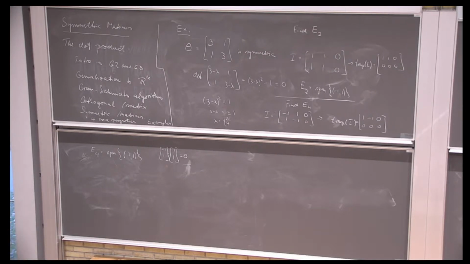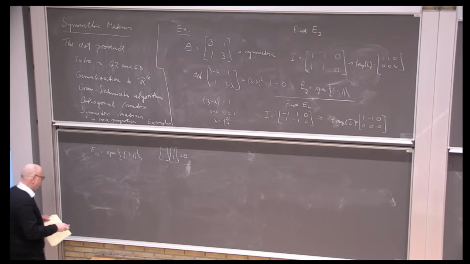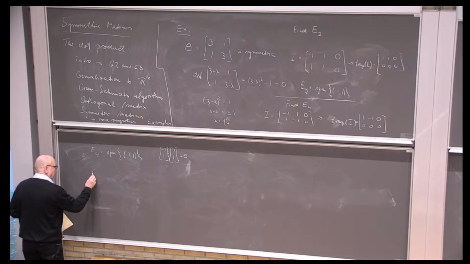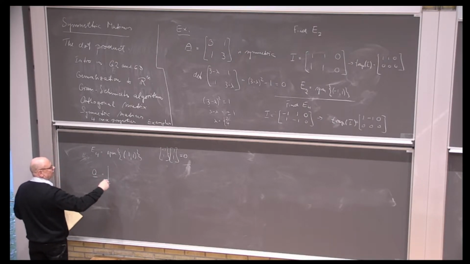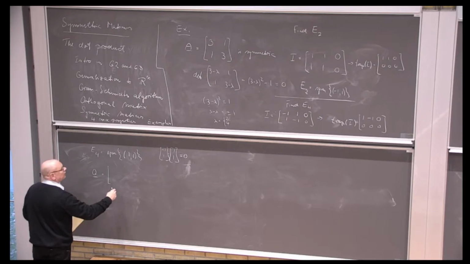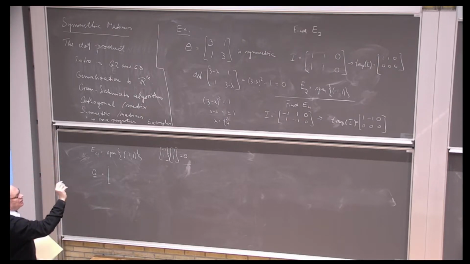Now, it is orthogonal, but it's not normed. I have to norm these two vectors in order to get my orthonormal or orthogonal matrix Q. So if I take the vector minus 1, 1, and then I norm it, that is, I have to divide by the length of the vector, and the length of the vector is square root of 2.